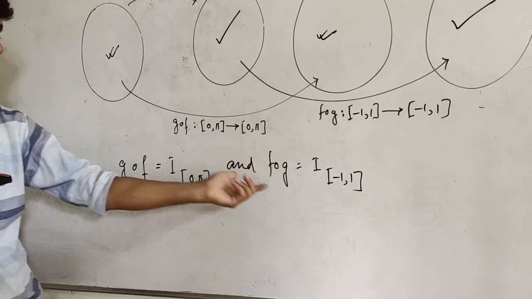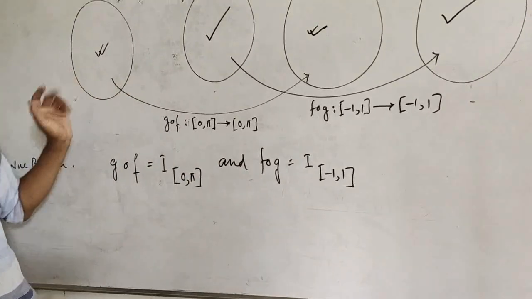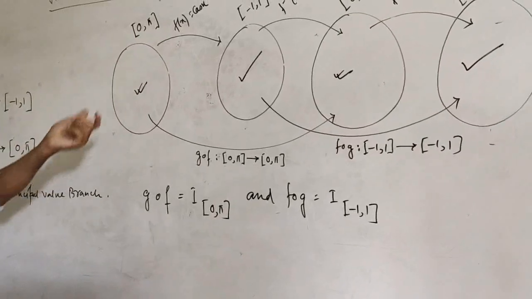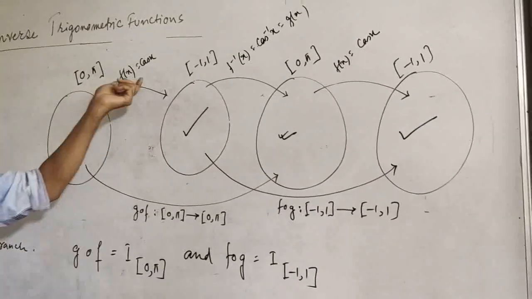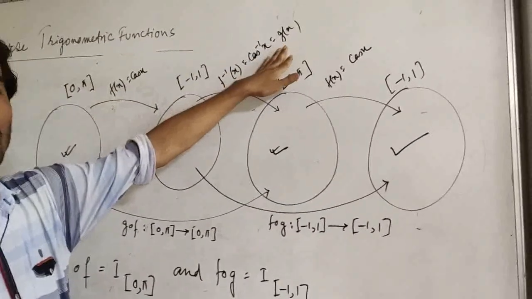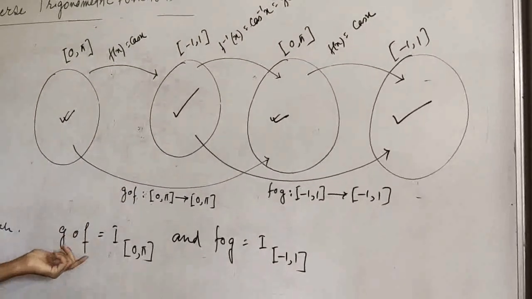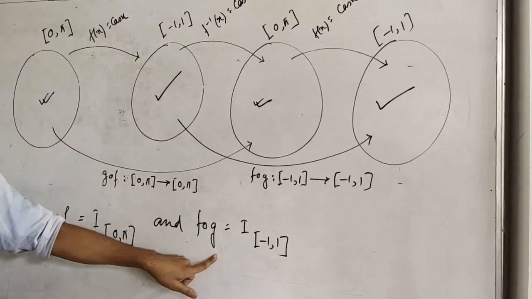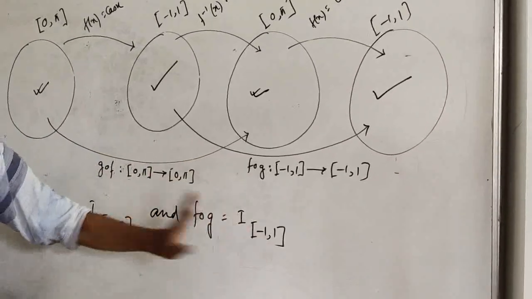This is a result from our chapter 1, the topic invertible function. Since f is invertible and we have assumed that g is the inverse of f, therefore g of f has to be the identity in this interval and f of g is again an identity function in this interval.